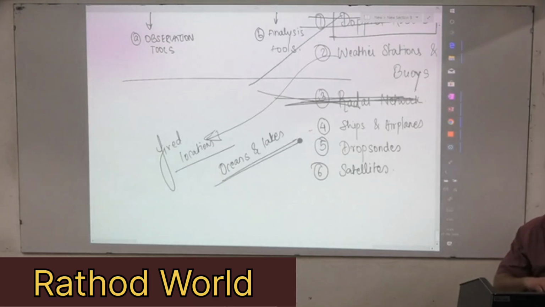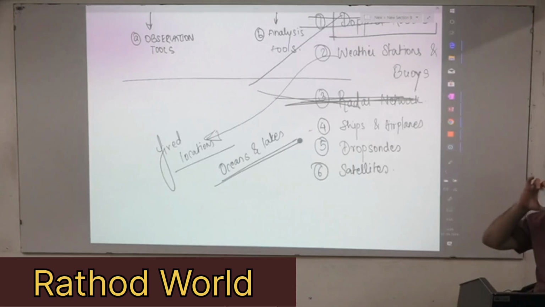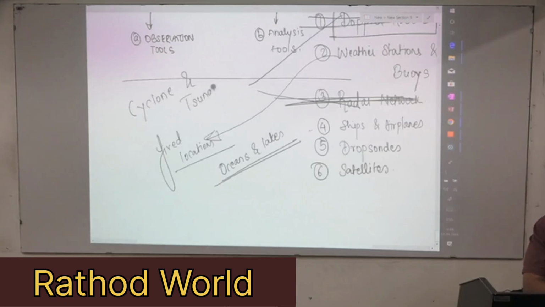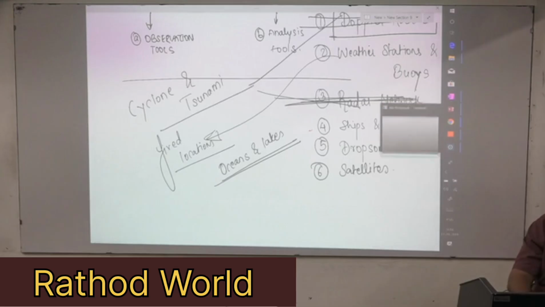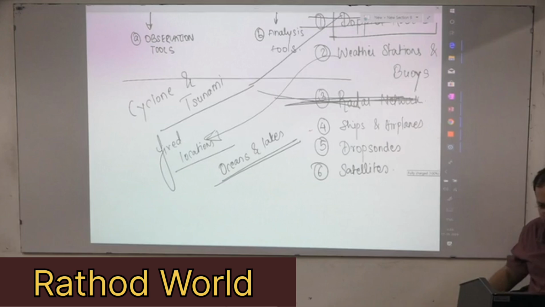Oceans and lakes to measure water temperature, height of the sea level or height of the water level, including waves, and generally are used in cyclone and tsunami disaster management.